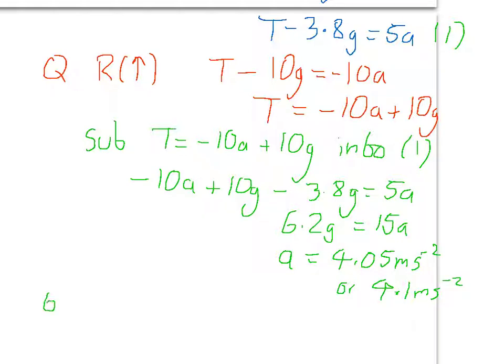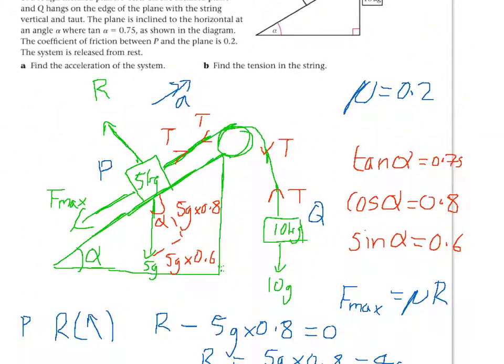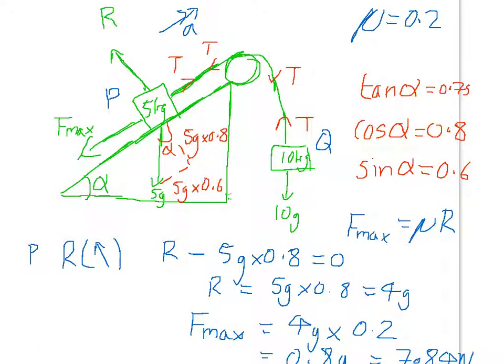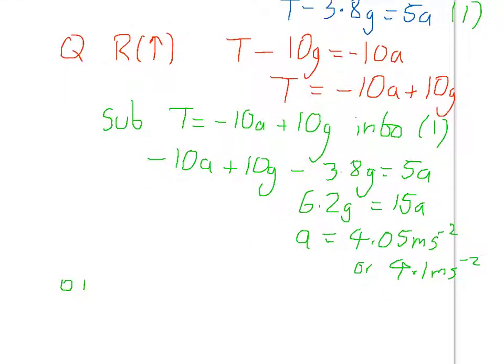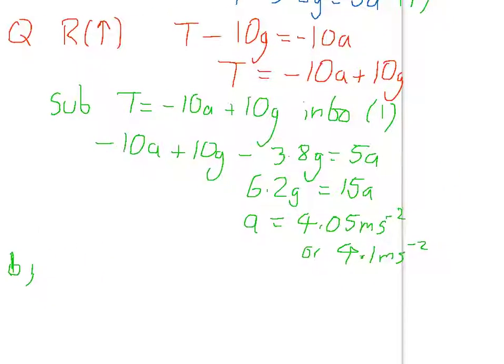We now have to do part B, and in part B we're asked to find out what the tension is in the string. Now, as I said, the tension is the same in all parts of the string, so all we have to do here, well, we know what the acceleration is now, so we can just sub our acceleration into one of our equations, probably that one best.